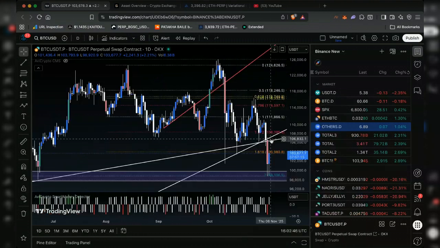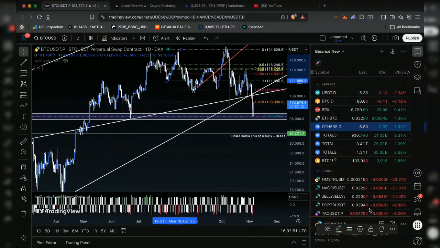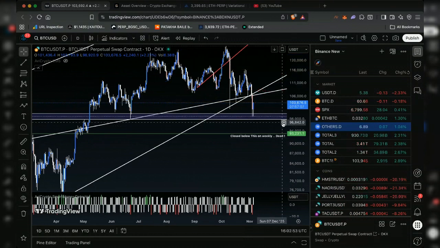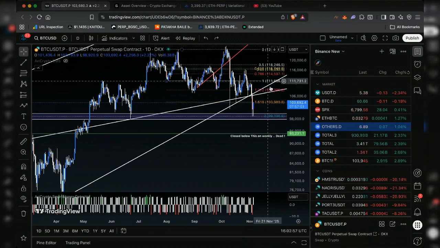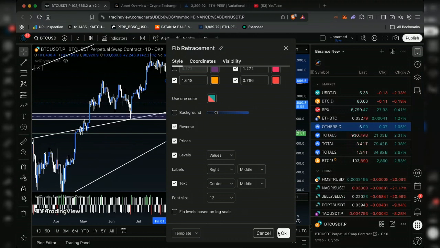This was also a level which I marked way back, and I just saw it by chance. I thought this would have been a plain kind of chart. Okay, this is the reverse wave, let me just reverse it.